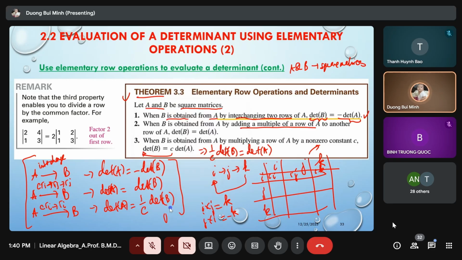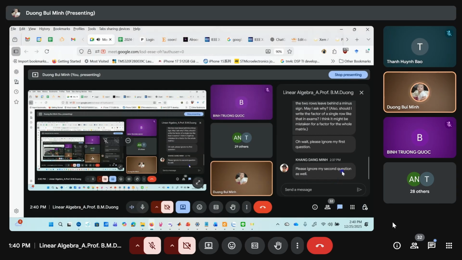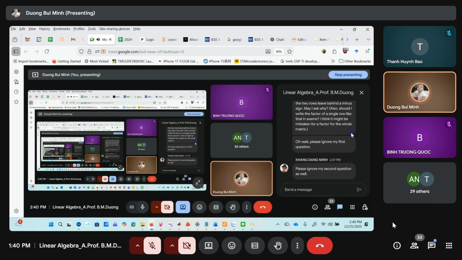What's your name? I see. Minh Khang, do you understand? I give you some hints, and you know why, right? Yes, because this is a theorem. If we have a theorem, we have properties, and we need to demonstrate.